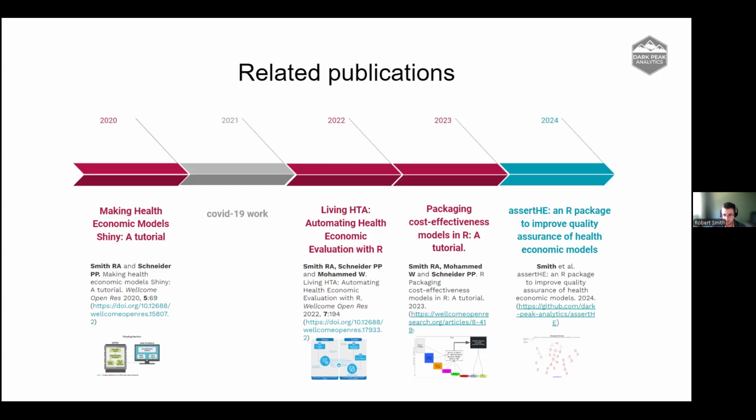And the last topic, which is not published yet but is in progress, and we presented this on Friday at our HTA, is an R package designed to improve quality assurance of health economic models by being able to look into the code and identify how the different algorithms of a health economic model fit together using network analysis.